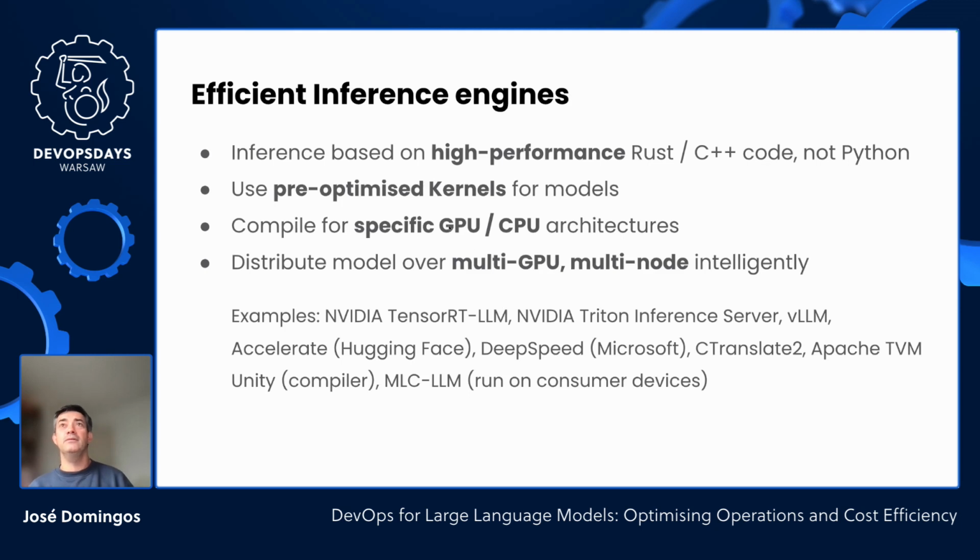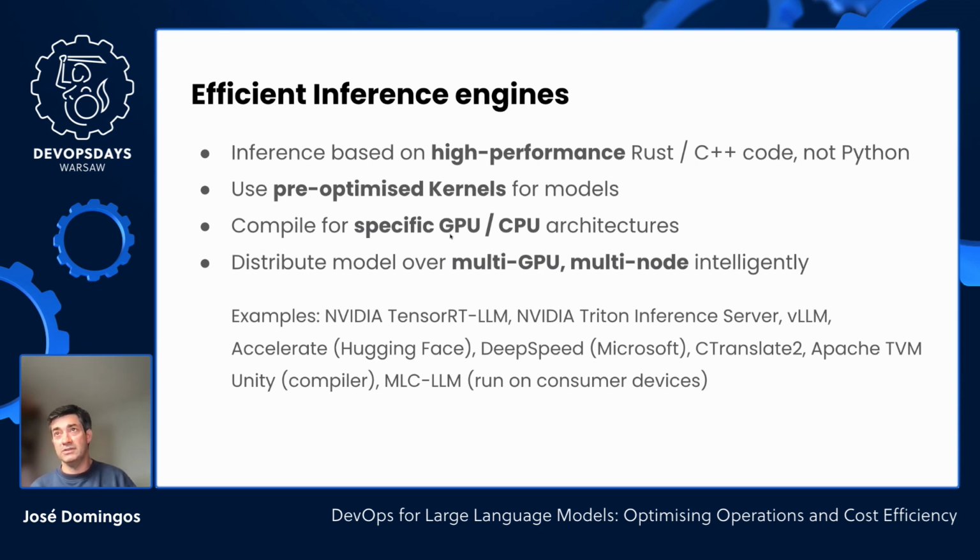Okay, so more efficient inference engines. Engines based on C++ or Rust, i.e., not Python, can have higher performance. We'll see that a bit later. You can have inference engines that are pre-optimized for kernels.